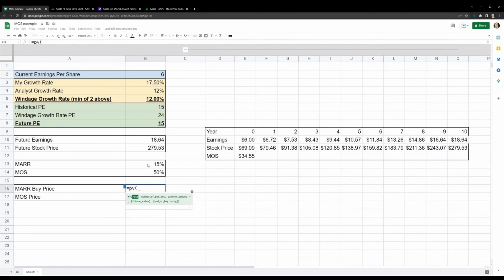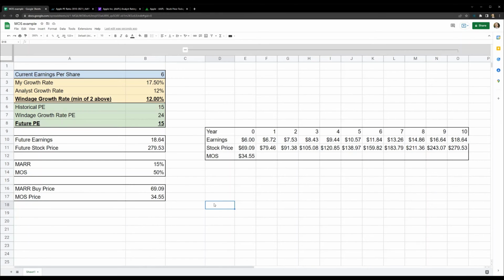So the rate is going to be our minimum acceptable rate of return. Again, 10 periods for 10 years. Ignore the payment amount and our negative value of the future stock price. So times that by -1. And we get to the $70 figure, and then again times that by a margin of safety to hammer it down to $35. Whether Apple will get there, that is up to your judgment.